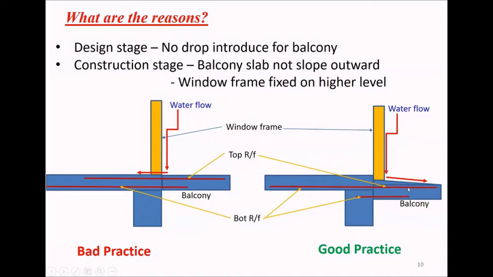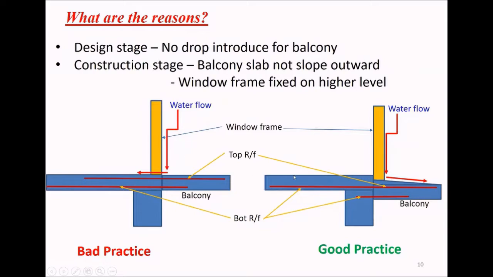That is an additional benefit we can have by dropping this concrete. Then at the construction stage, people are not making a proper slope outward. This kind of slope should be there, but they are not making it. Finally, what will happen? Water comes like this and seeps in through this window frame, right? That's what happened to this building.